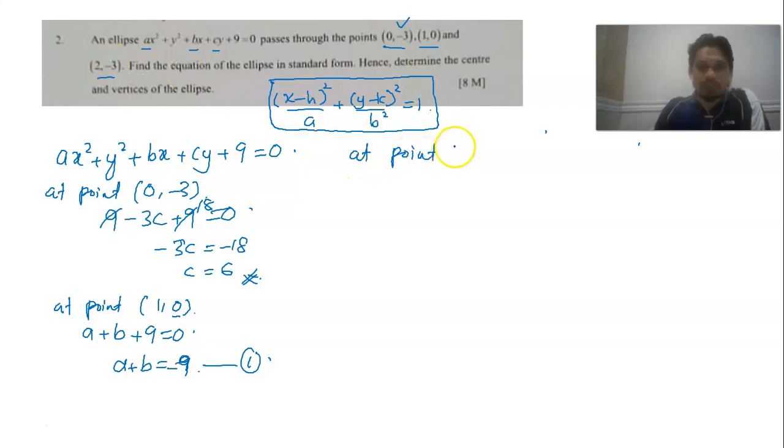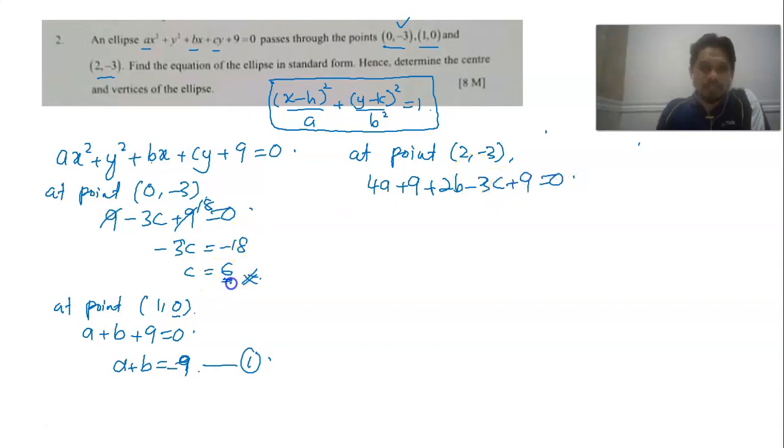And then at the point 2 and negative 3. x equals 2, 2 squared equals 4, so 4a. For a, negative 3 squared equals 9. For b times x equals 2, so 2b. Negative 3 times c, minus 3c, plus 9 equals 0.